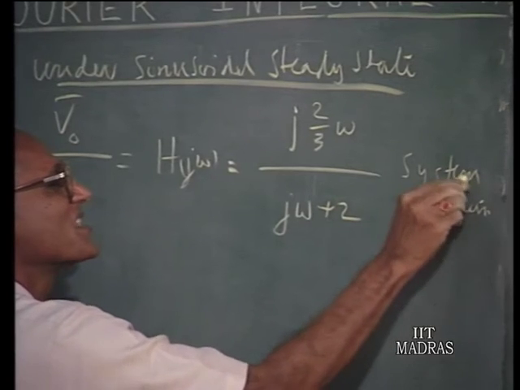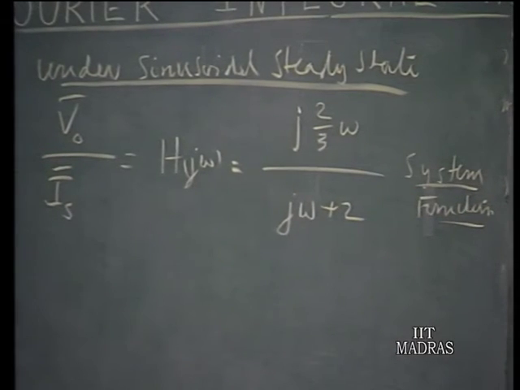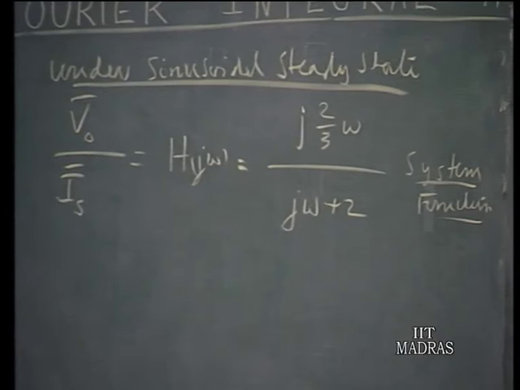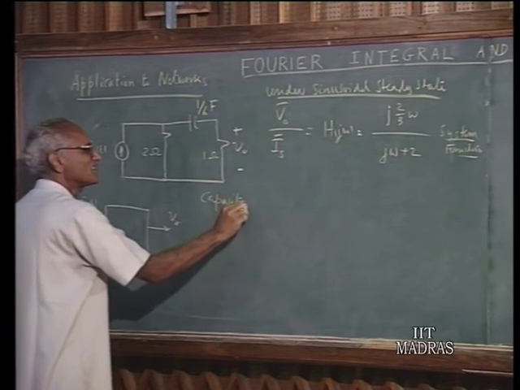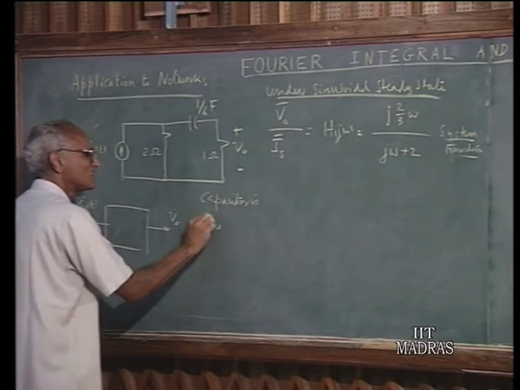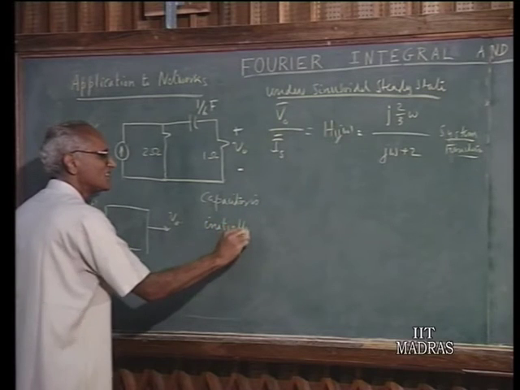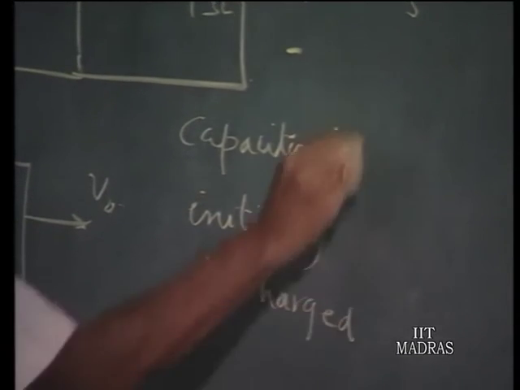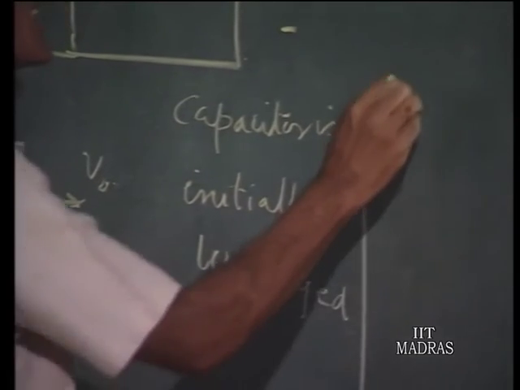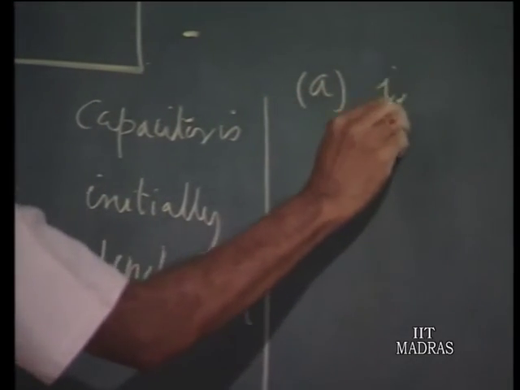So, once we have the system function, we can calculate the response to any kind of excitation I s of t that you have. We assume that the capacitor is initially uncharged. So, let us take first a case where I s of t is a delta function.